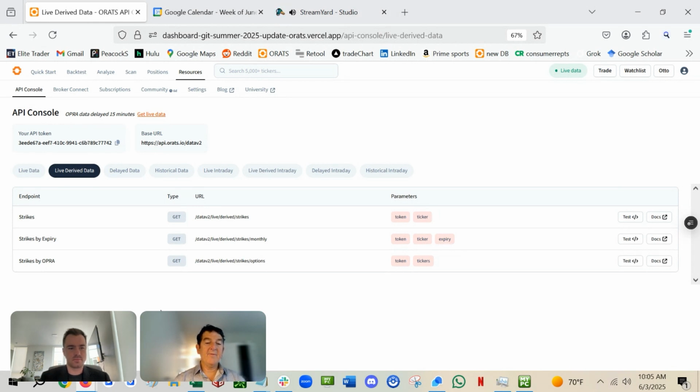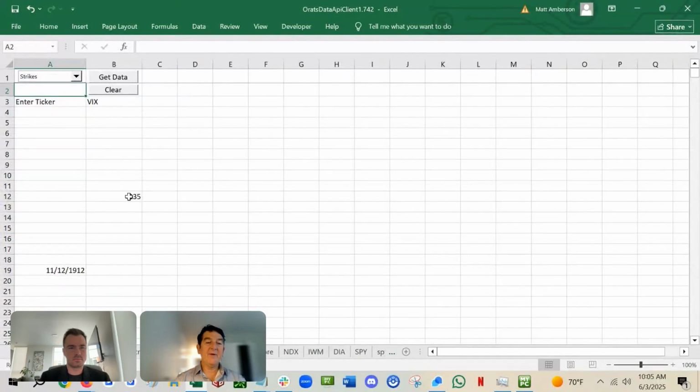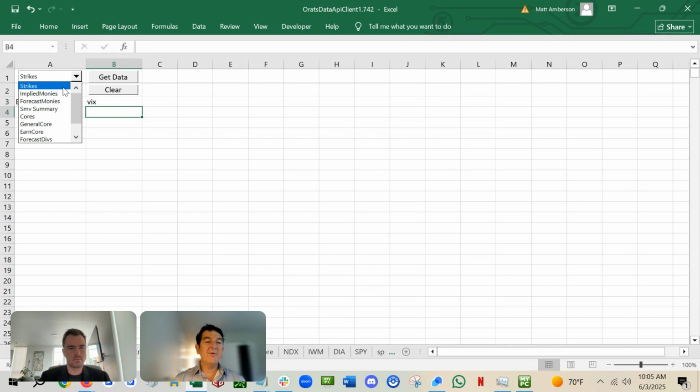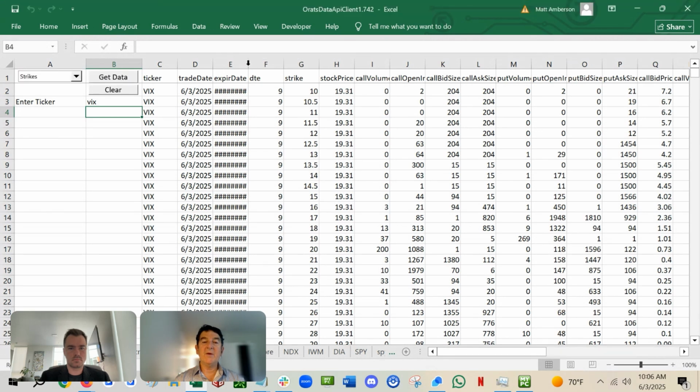Yeah, and I'm a VBA guy, but I have an Excel sheet that might help to show the types of things that we have. So actually, VIX might be good to do. You saw different things on there. There's a strikes endpoint that gives you all of the options with the Greeks and the implied volatilities and the volume and all of that.